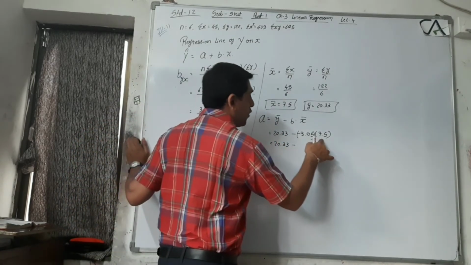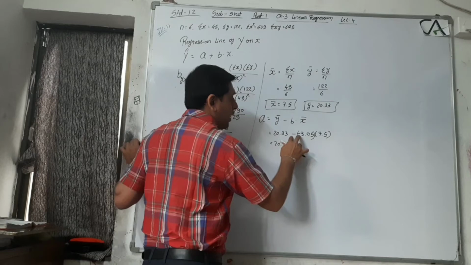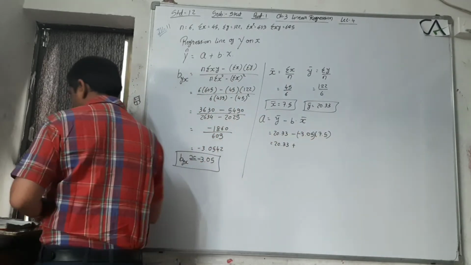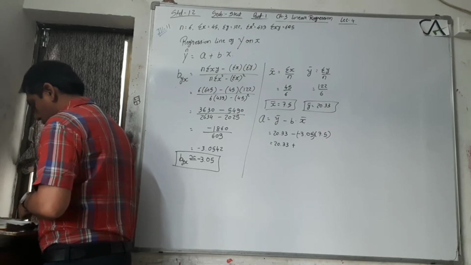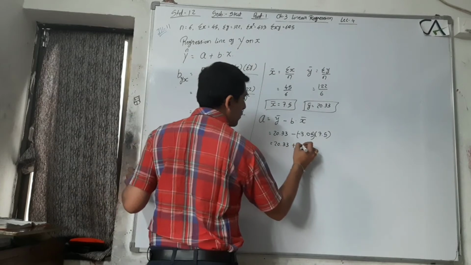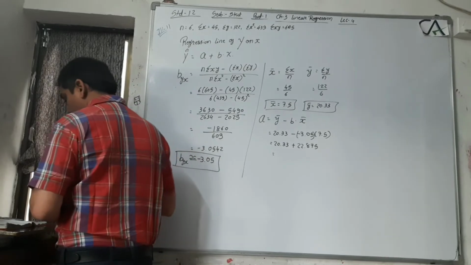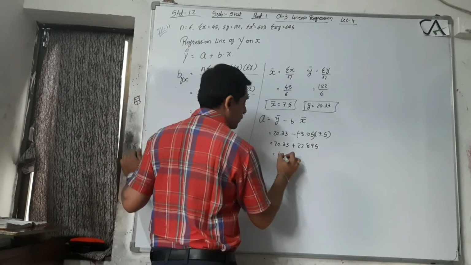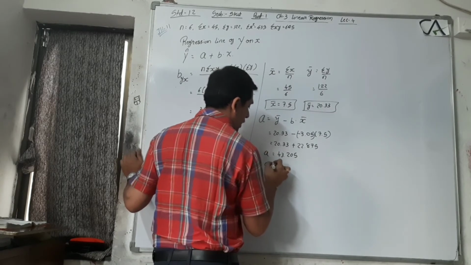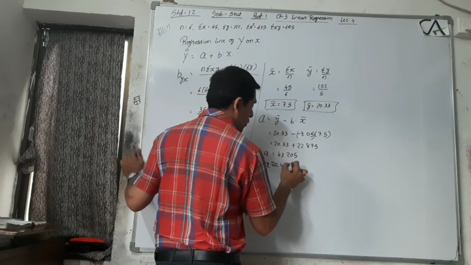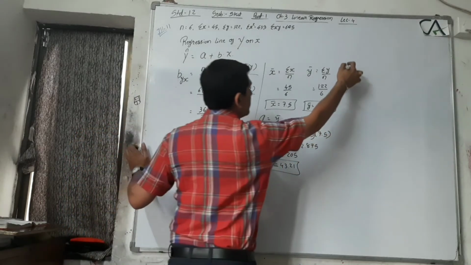So minus 3.05 into 7.5, but here minus minus becomes plus. 3.05 into 7.5 is equal to 22.875. Make the total, 43.205, and therefore the approximate value of a is equal to 43.21. This is your second answer.